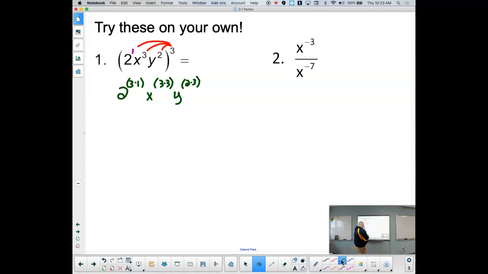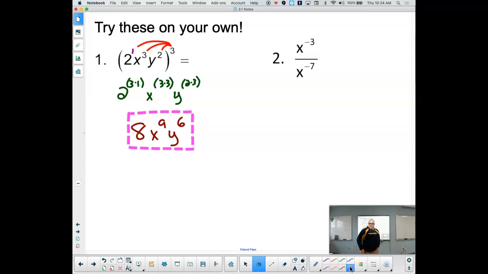So 2 to the 3rd, 2 times 2 is 4, times 2 more is 8. 3 times 3 is 9. 2 times 3 is 6. I get 8, x to the 9th, y to the 6th power for that one.